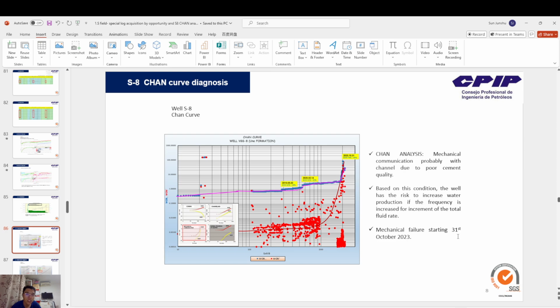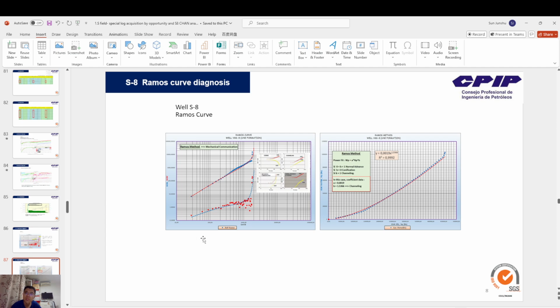Mechanical failure starting 31st October 2023. This is the Ramos curve diagnosis.